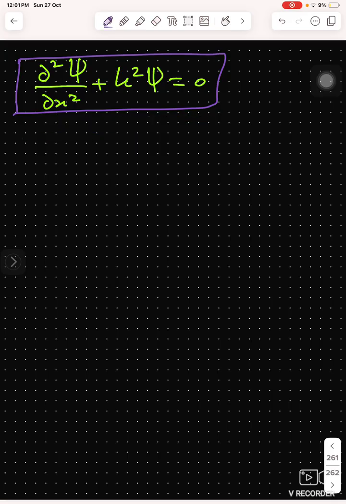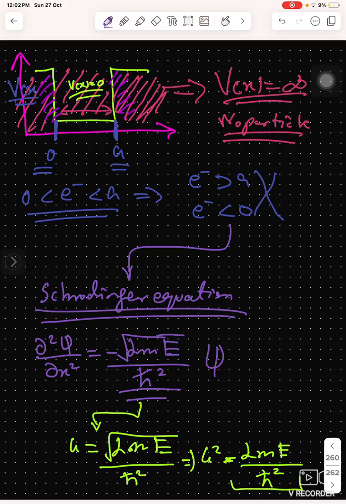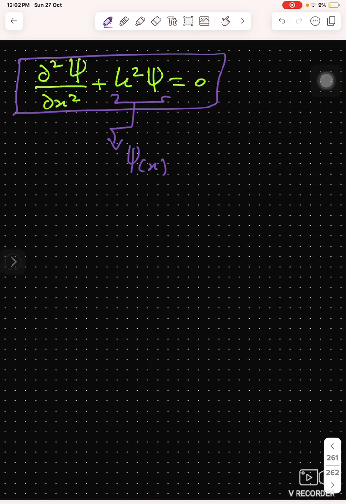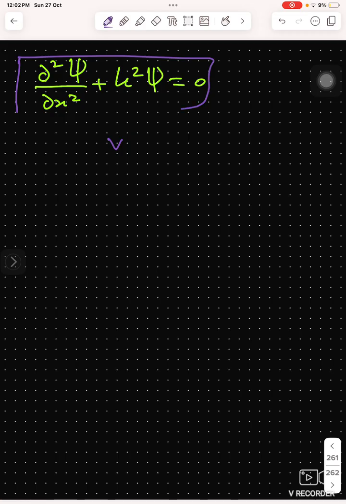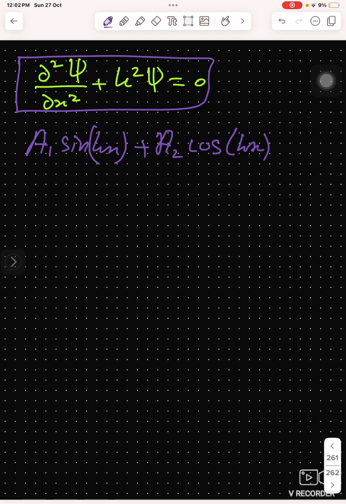Now here you will find a problem. What problem is that? If we put psi of x as 0, wait, am I missing something? No, I'm not. So we will be using one method, which is psi equals a1 sine kx plus a2 cos kx.